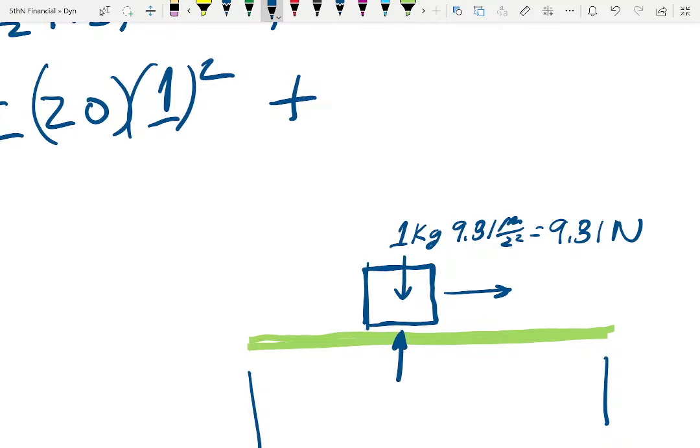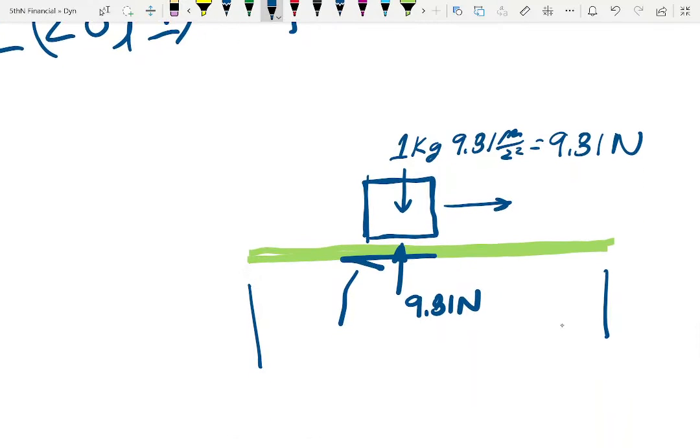So now the ground has to push back up the same value of 9.81 newtons, but the friction that gets pulled back, and maybe I should have done this a little bit more, a little higher value. F is equal to mu times normal, or 0.1 times 9.81. So that's not a lot of force there.